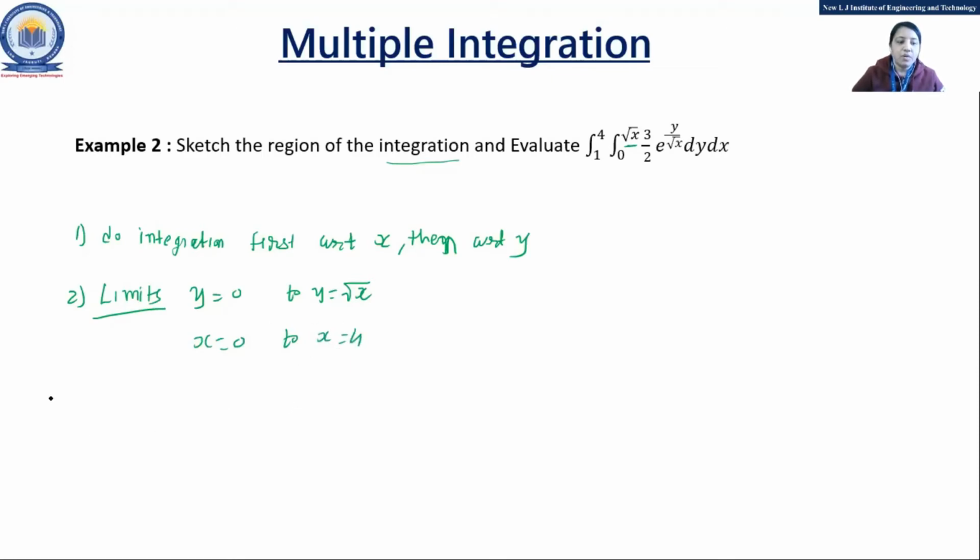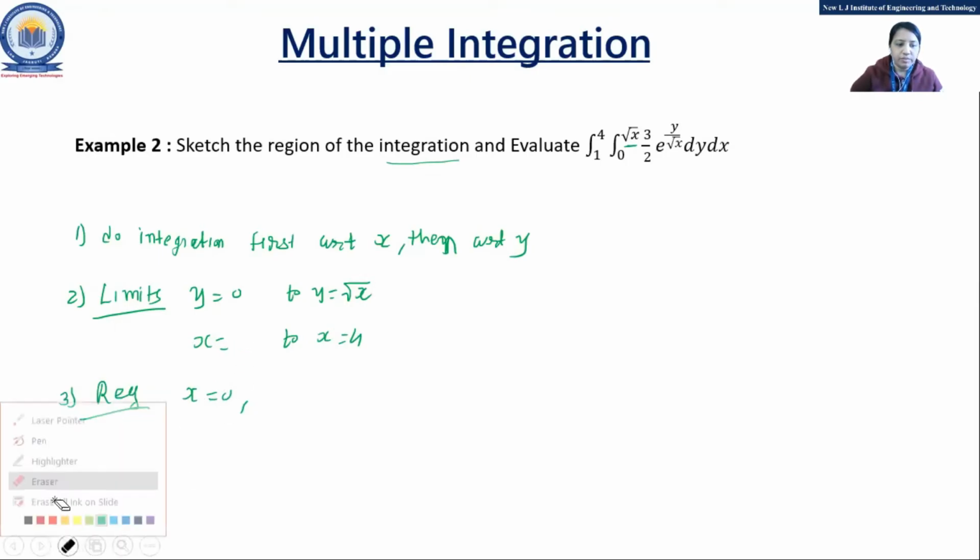Fine. Now, the third point is we need to find out the region. Of which region are we supposed to find the area? So the region is bounded by these four lines. Which one? x equal to 1. Yes, x equal to 1. Fine.